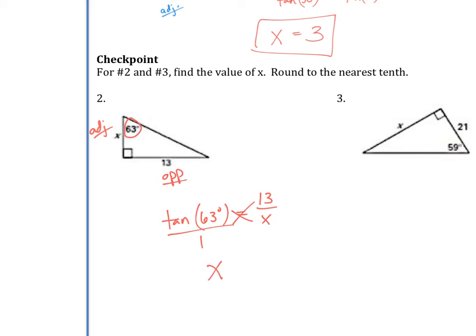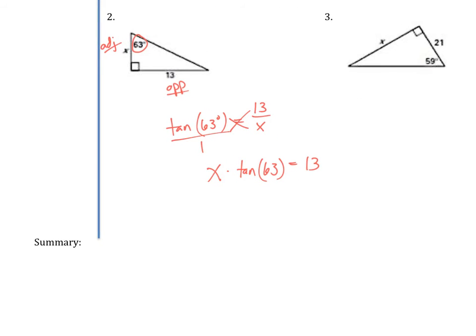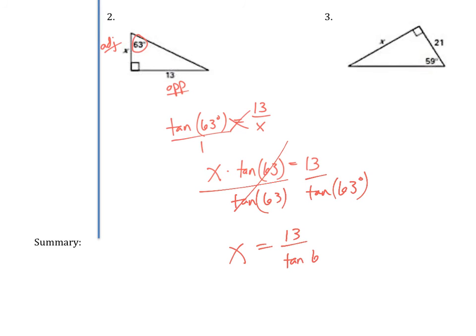So we have x times tangent of 63 is equal to 13. Then we divide by tangent of 63 on both sides. So x equals 13 divided by tangent of 63 degrees.